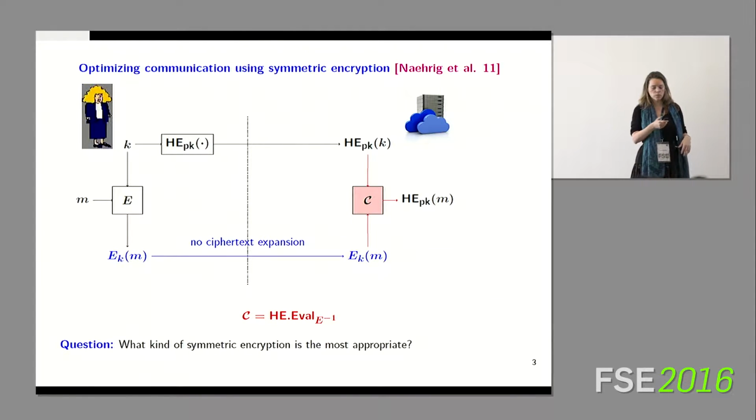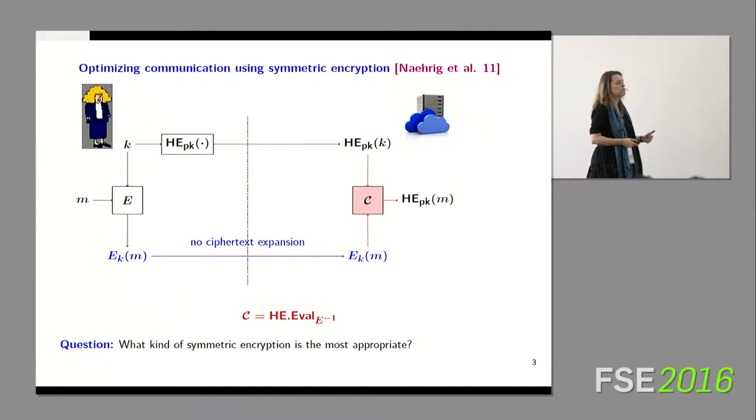So instead, what we can do is that the user, Alice here, can transmit her data, but encrypted not under the homomorphic scheme, but under a usual symmetric scheme, like here. And she also transmits the session key, which is encrypted under the homomorphic scheme.